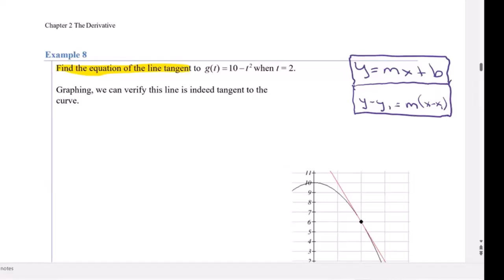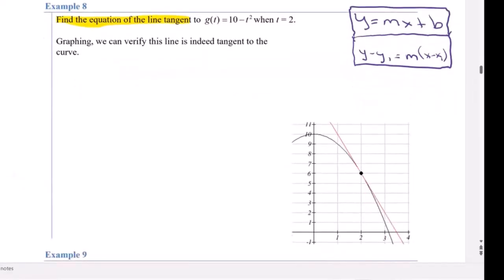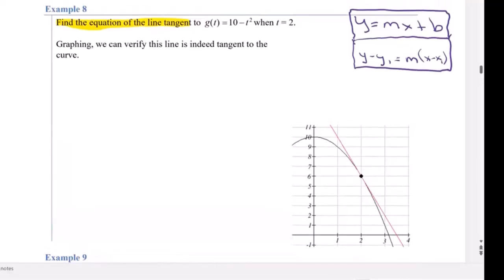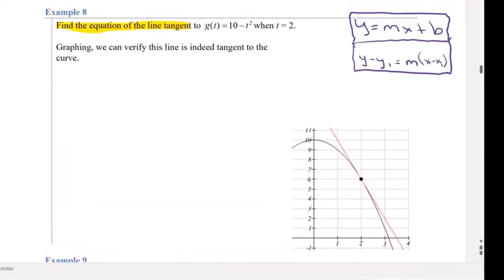So they're telling us that we have this function, which is called g of t, and it's equal to 10 minus t squared.